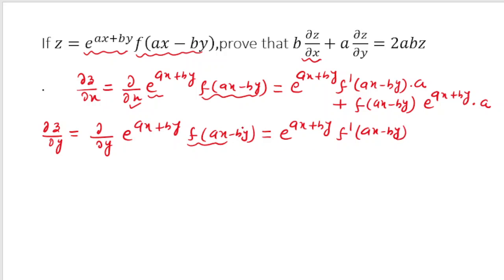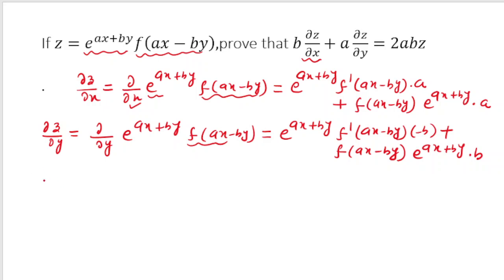But this time, since I am differentiating it with respect to y, I will get minus b, right? And plus, again I have to write the second function, that is f of ax minus by, and the derivative of first function, that is e to the power ax plus by into derivative of ax plus by, that is b.